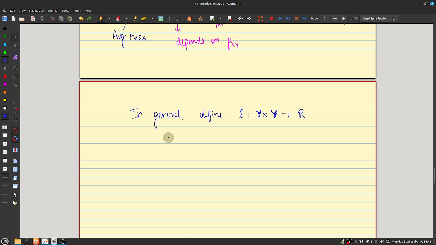And the average risk in general is going to be defined as the expected value of the loss between the predicted output over a random sample and the actual label.